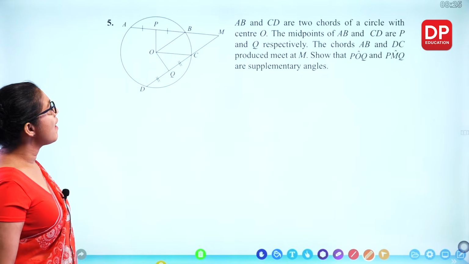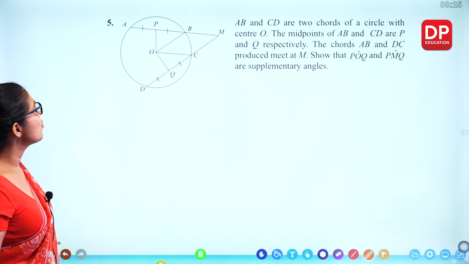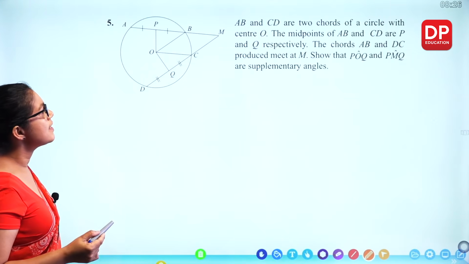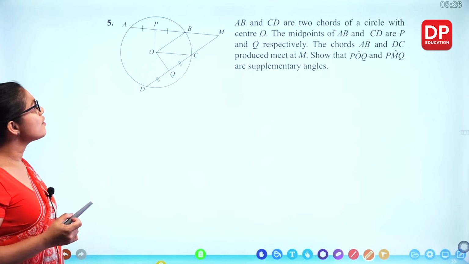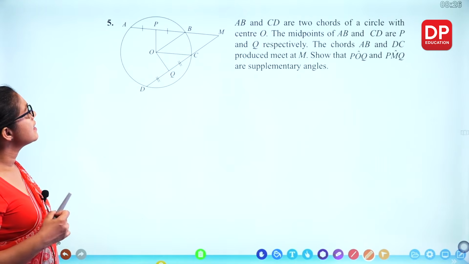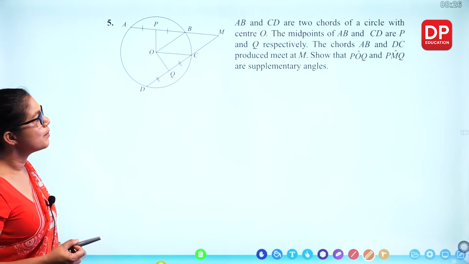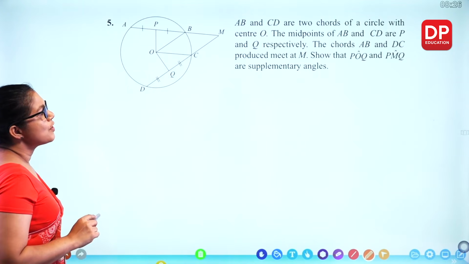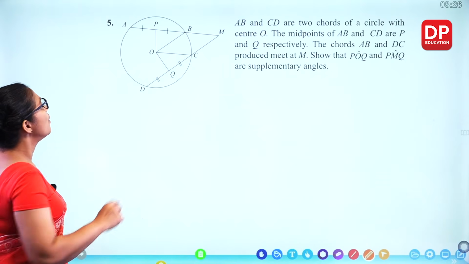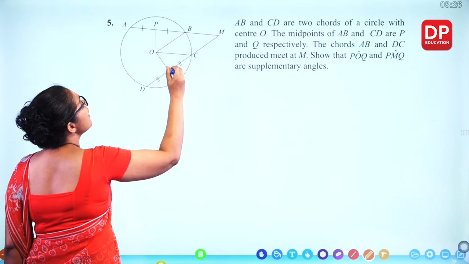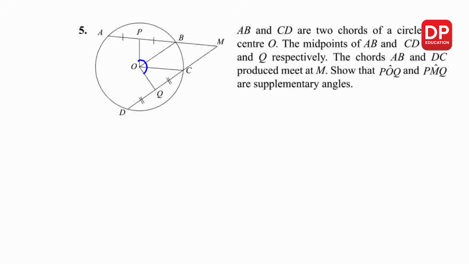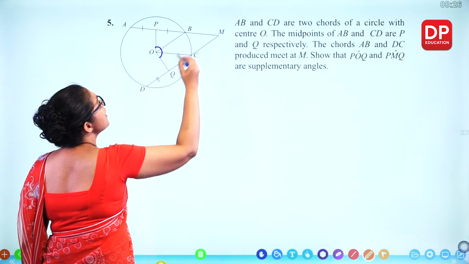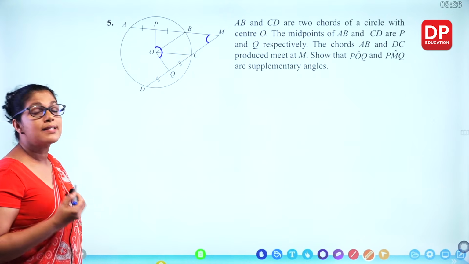In question number 5, it says AB and CD are two chords of a circle with center O. The midpoints of AB and CD are given as P and Q. The chords AB and DC produced meet at M. Show that angle POQ and angle PMQ are supplementary angles.